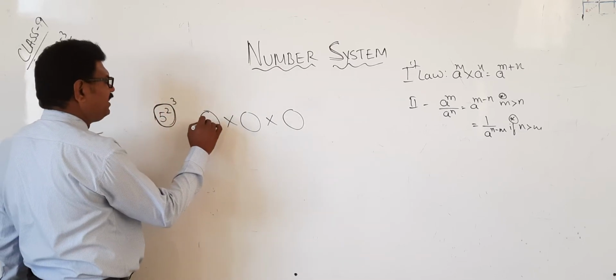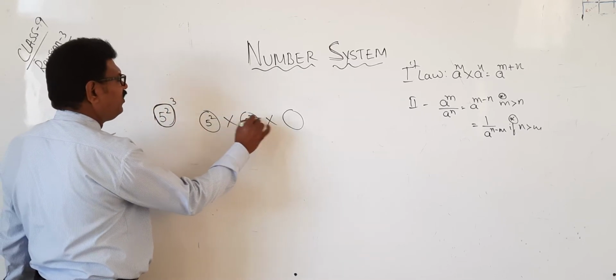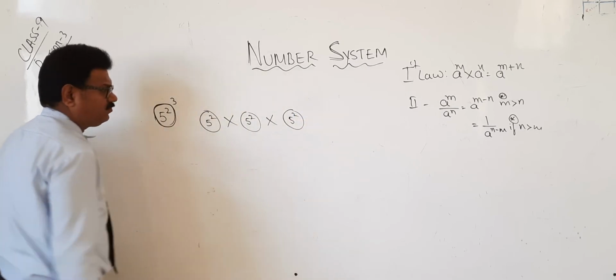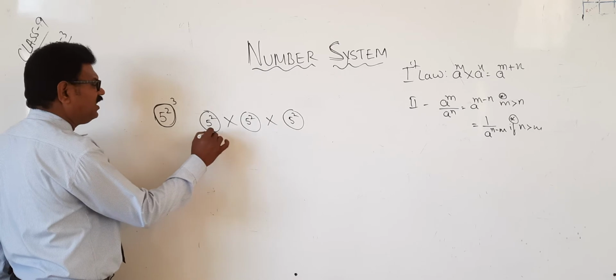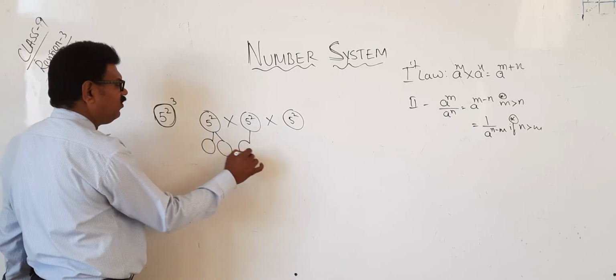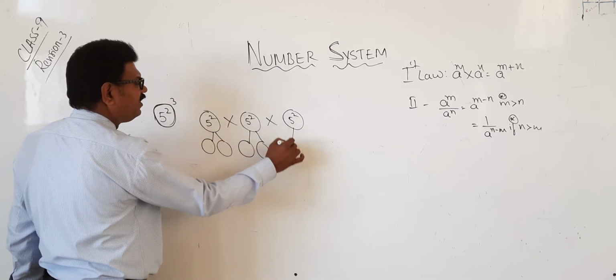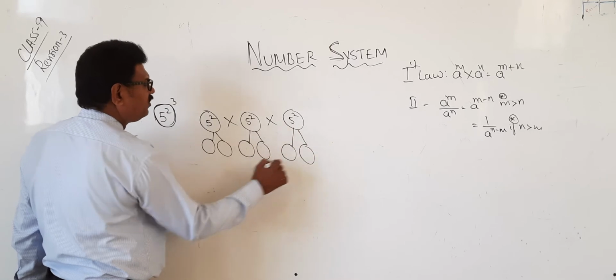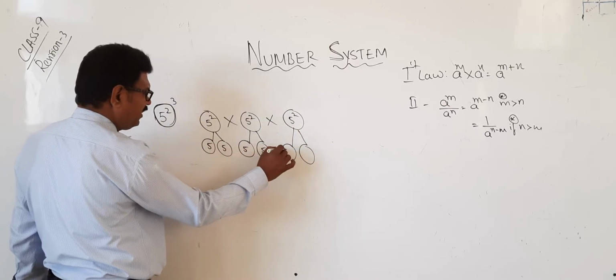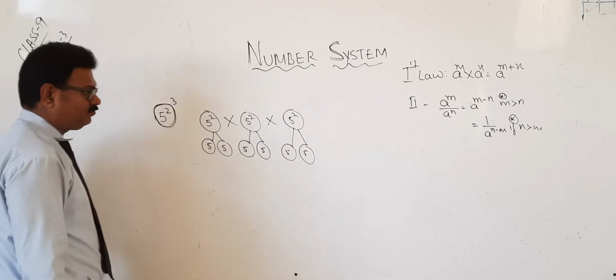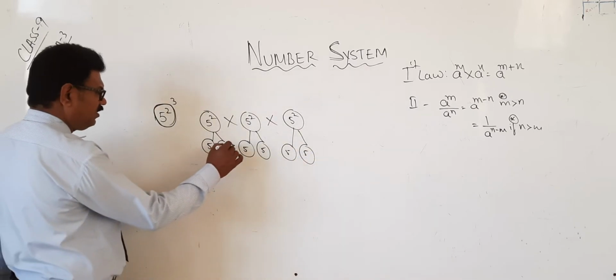In each circle there is 5 square: 5 square, 5 square, and 5 square. Now again, each 5 square can be written as 5 into 5. That means 5, 5, 5, 5, 5, 5, all multiplied.